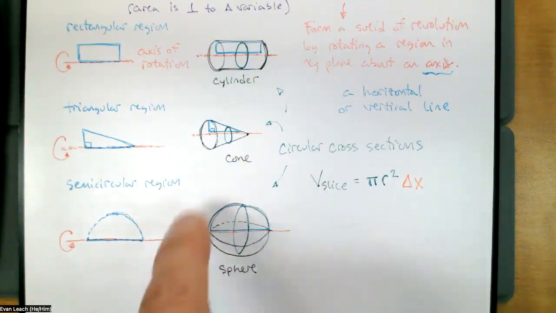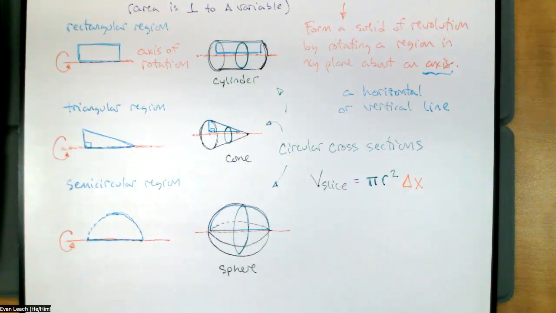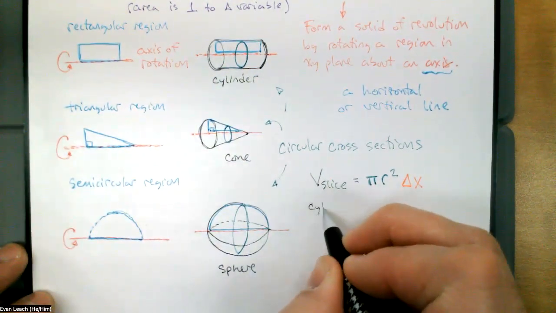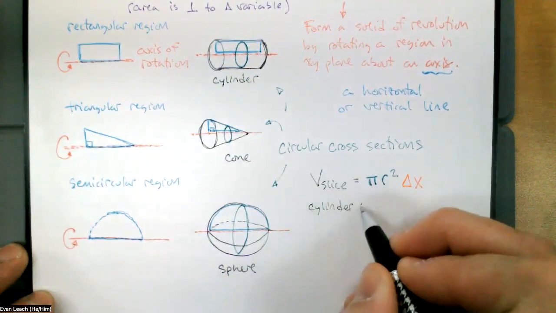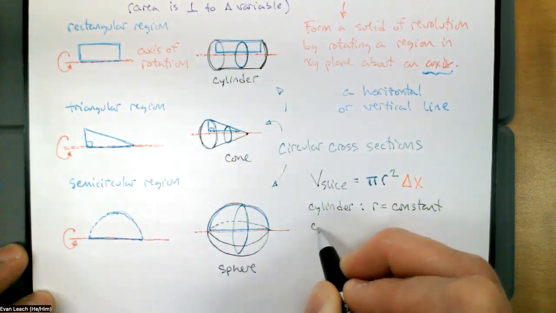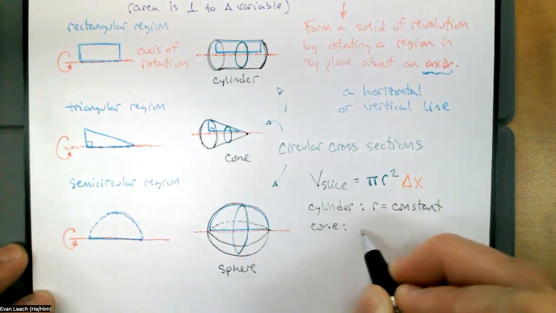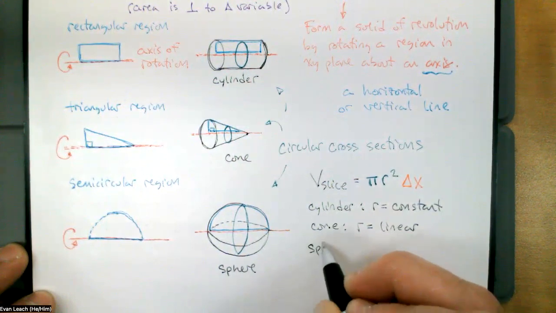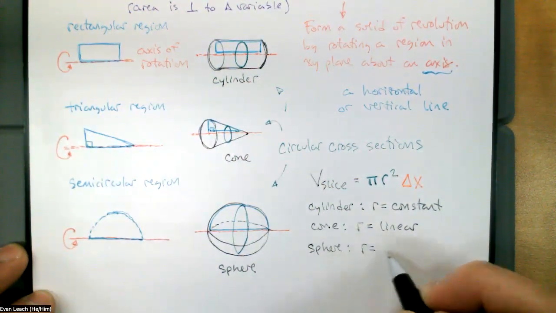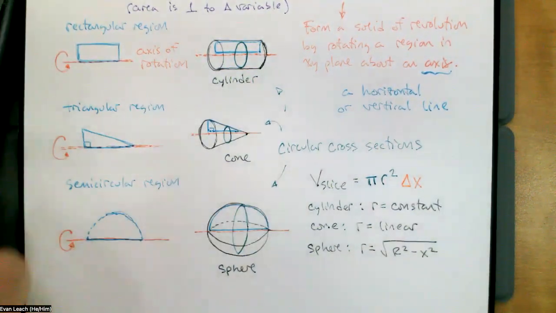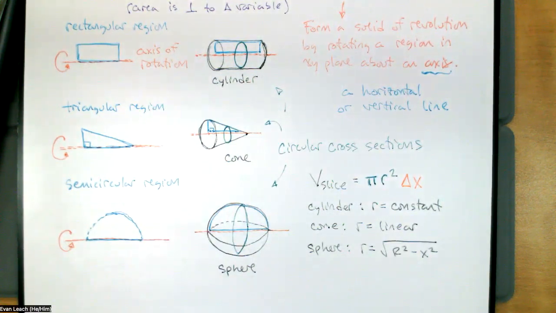For a sphere, r would be the square root of a quadratic function of h. And we've all done examples of those.